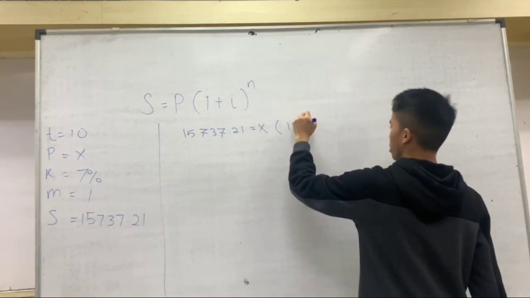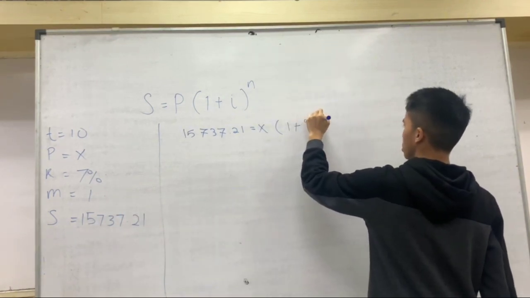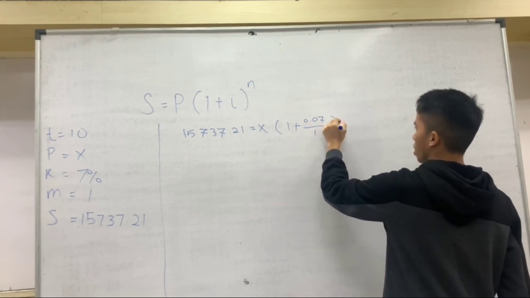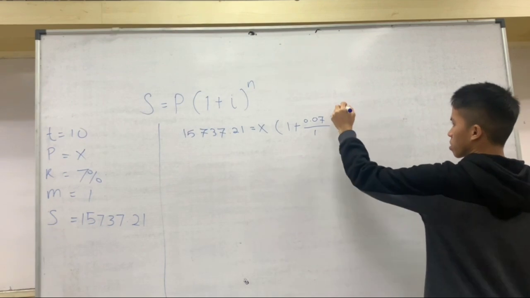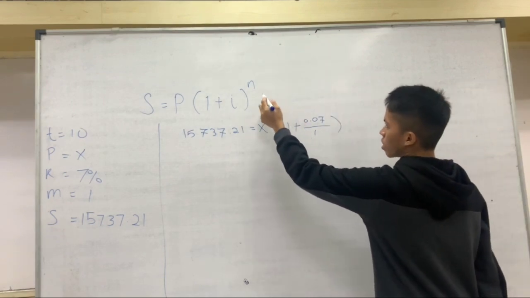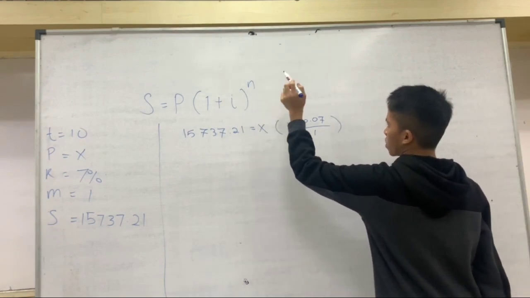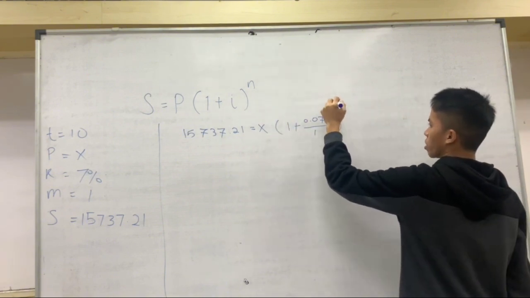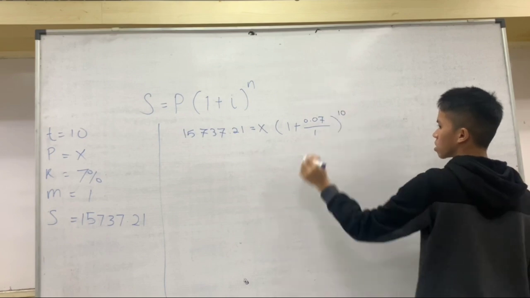So k will be like this, per with m. n is m times t, and it will become this.